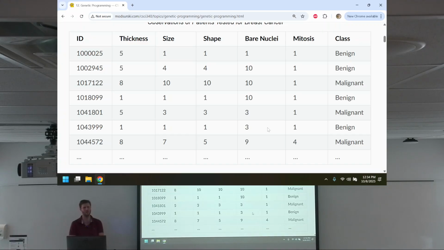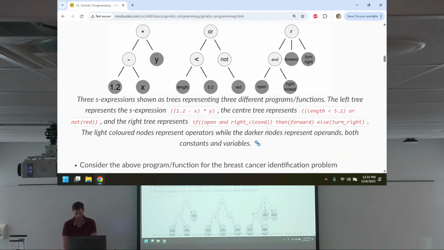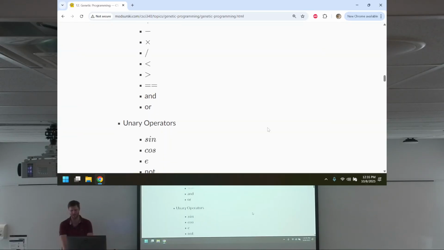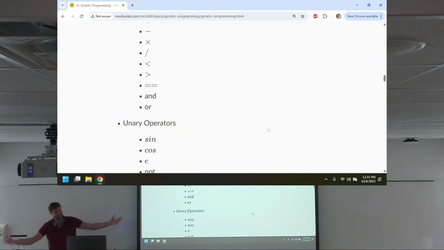But you're going to discriminate what operators and operands you want in your language based on what you're doing. You're not going to just create a very large language, because as you add more things to the language, you are increasing the size of the search space. So you want to be careful. You want it to be as restrictive as possible while still being capable of exploring the search space to its full potential to find what you're looking for.